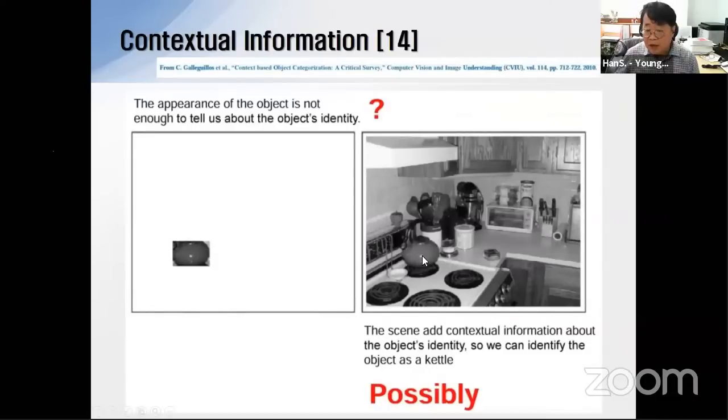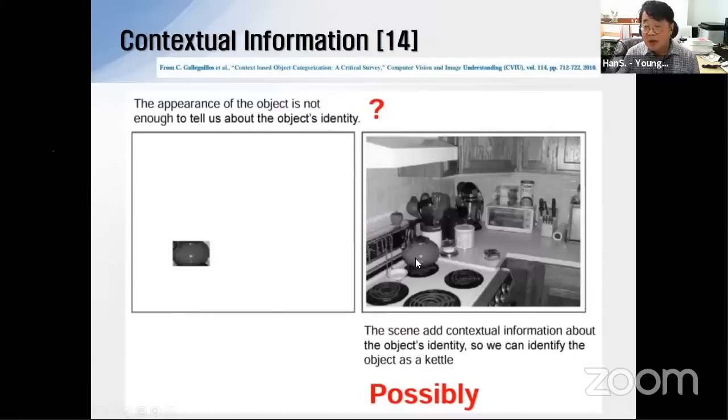You can identify the object easily compared to the left side, because you can also recognize this object using the context of the other objects around it.